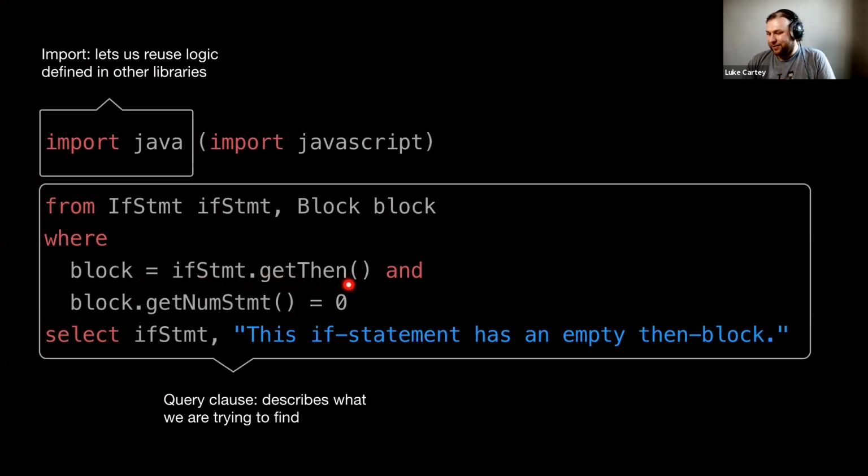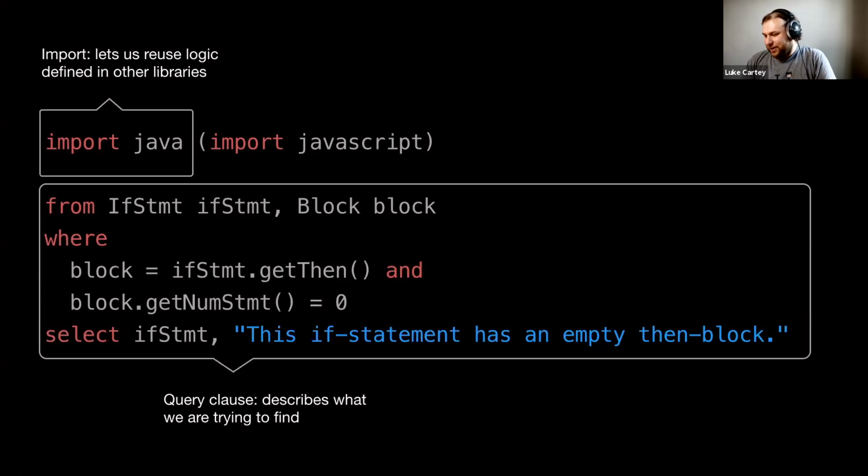So getThen is an operation that is provided on the type IfStmt, and it returns the then part of an if statement. If you think of what an if looks like, typically it's if some condition, then something happens, else something else happens. So when we say getThen, it's the thing that happens if the condition is true. So this is demonstrating the object-oriented nature of CodeQL.